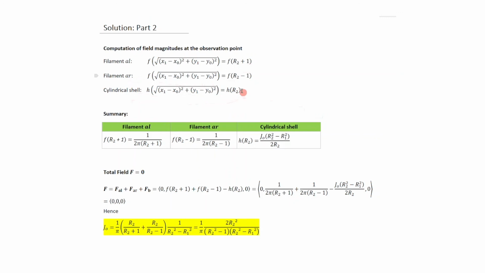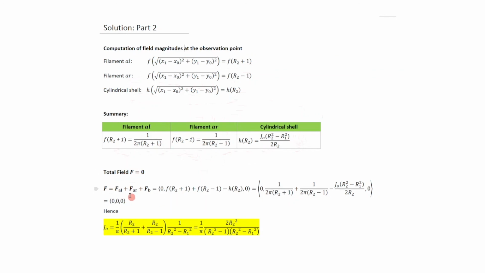So now we go back to the expressions that we had on the previous page. Substituting f r2 plus 1, we end up with this expression. And for the filament AR, this was evaluated at R2 minus 1. We end up with this expression. And h r2 is still the same. This is 1 here. So now that we have actual physical values for these, we have the total field.